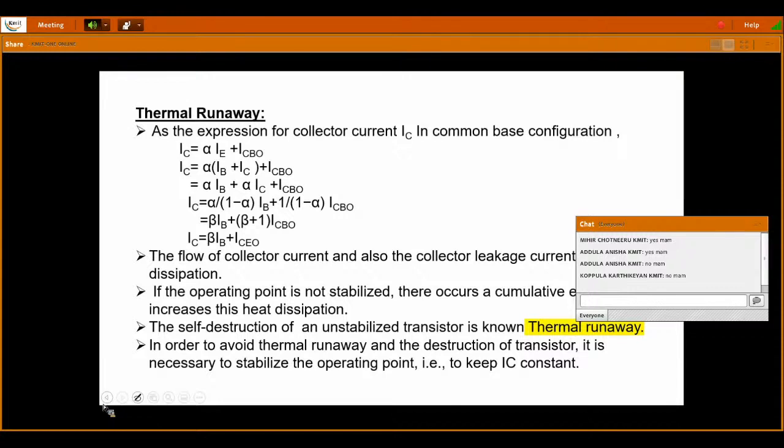This self-destruction of an unstabilized transistor is known as thermal runaway. To prevent the destruction of the transistor, we have to stabilize the operating point. This is the important factor why we need biasing techniques or biasing methodology.